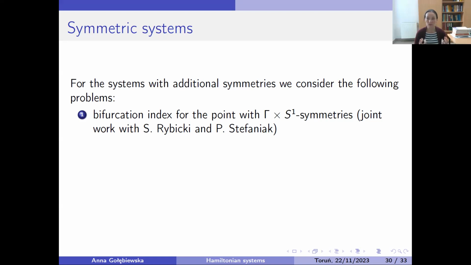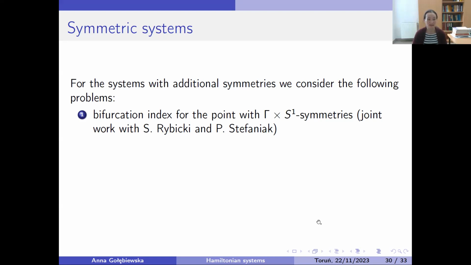But if we compute it with more sophisticated tools, the complicated Euler ring for the torus, we can obtain bifurcation even in cases which are not detected by the non-equivariant tool.